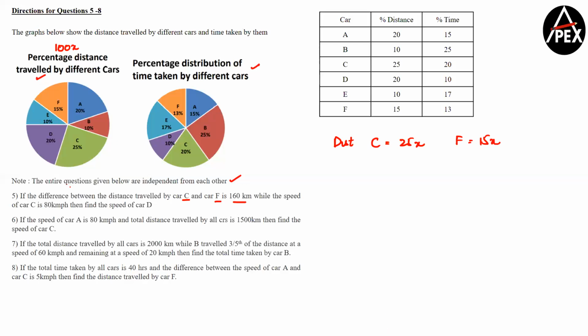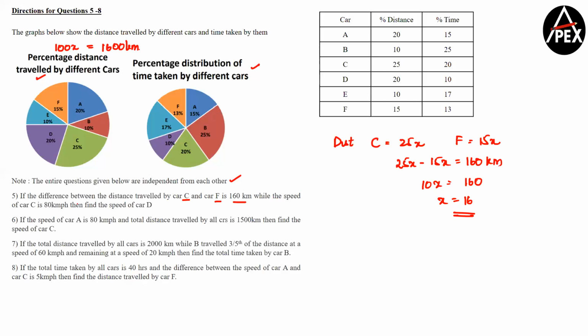The difference is 160 kilometers, so 25x minus 15x is equal to 160 kilometers. So 10x is equal to 160, so x is equal to 16. So my total distance 100x will be equal to 1600 kilometers. Yes or no?